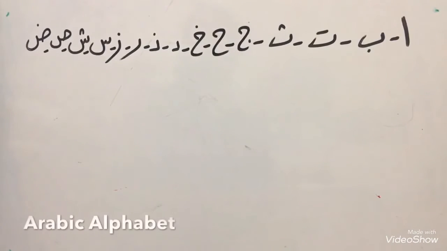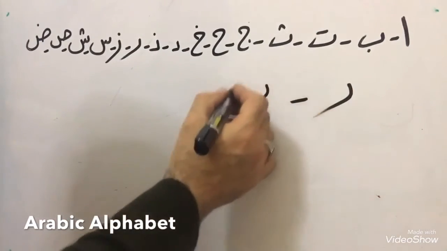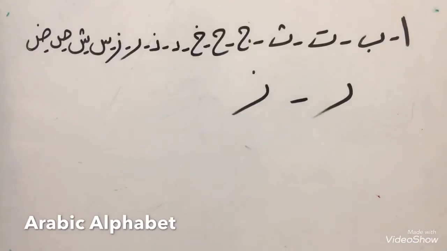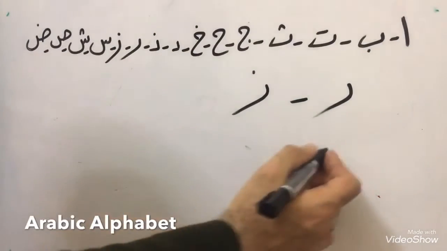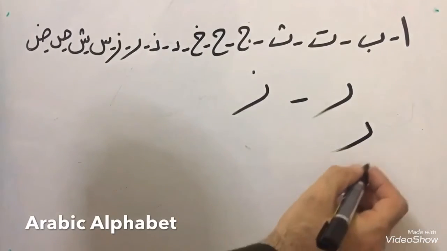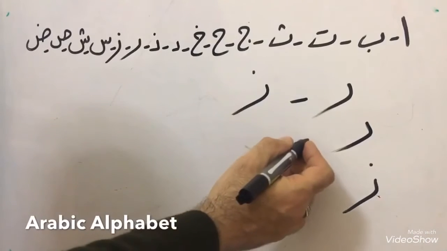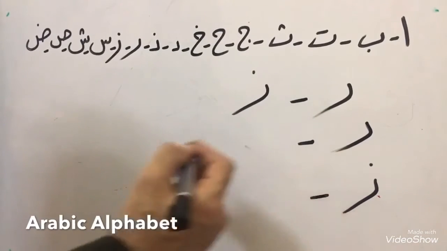If we move to Ra and Zay, they are also similar. The difference is the dot. So at the beginning of the word they are like Ra, Zay. They can't be joined with the letter after.